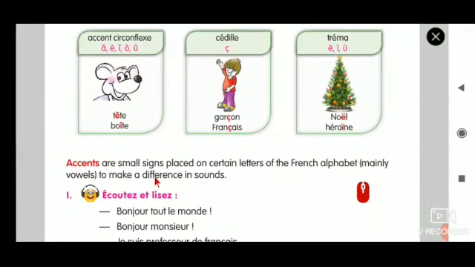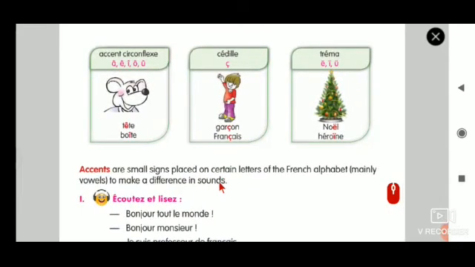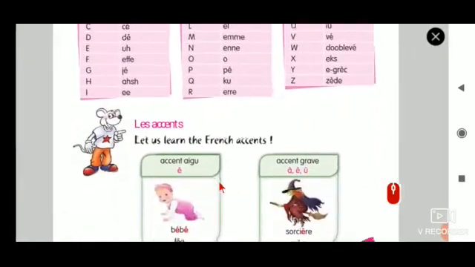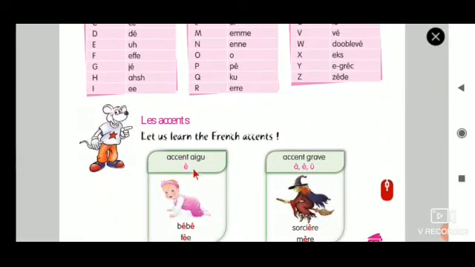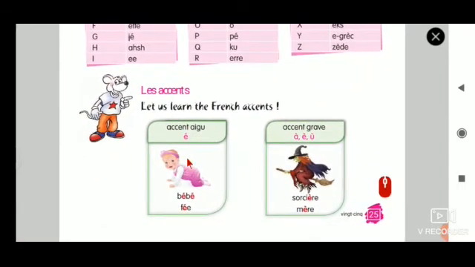So accents are small signs placed on certain letters of the French alphabet, mainly vowels, to make a difference in sound. So just be aware of this. In case you miss these accents, the meaning of that particular letter or word changes. So that is the purpose of this accent, and it is very important.